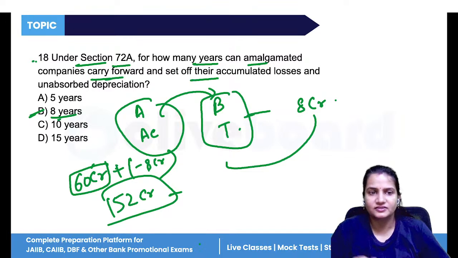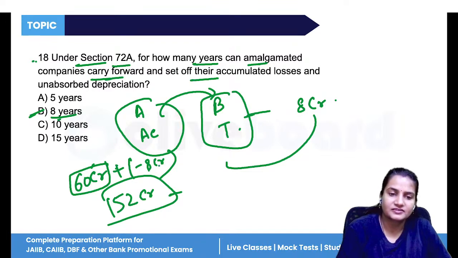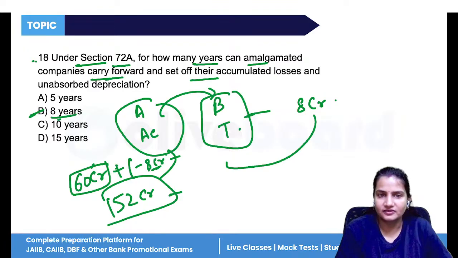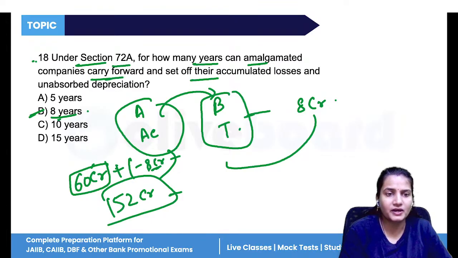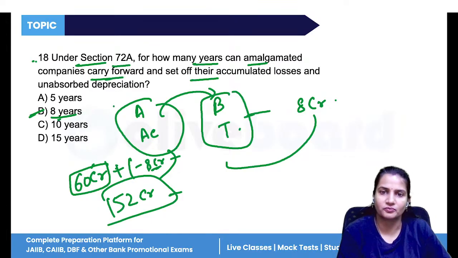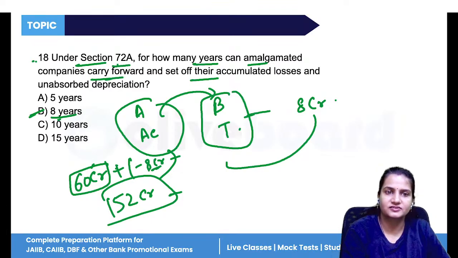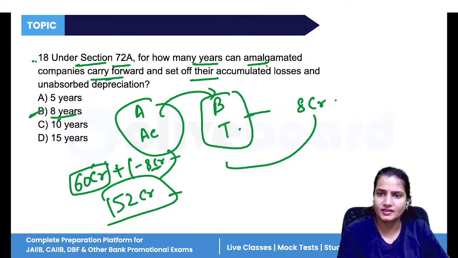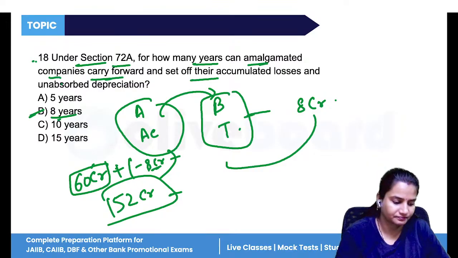And the government has said that you can carry forward this 8 crore, but for a period of up to 8 years, not more than that, under section 72A for amalgamated companies.